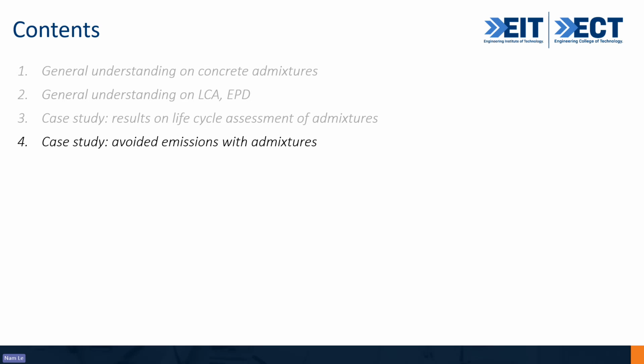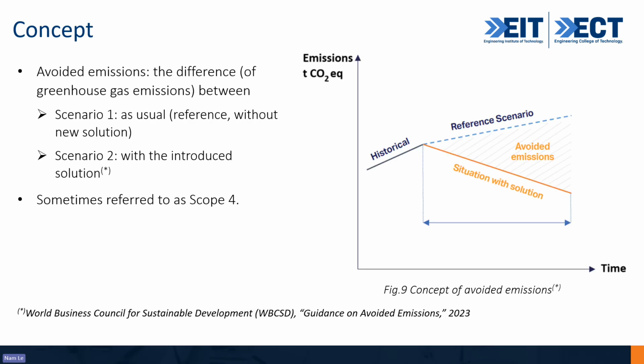Yeah, and then we can now move to the next case study for the avoided emissions with admixtures. What are avoided emissions? This concept is when we have the difference of greenhouse gas emissions between 2 scenarios. The first scenario is as usual. It means, for example, for the concrete, we have the normal concrete, normal admixtures, normal cementitious materials.